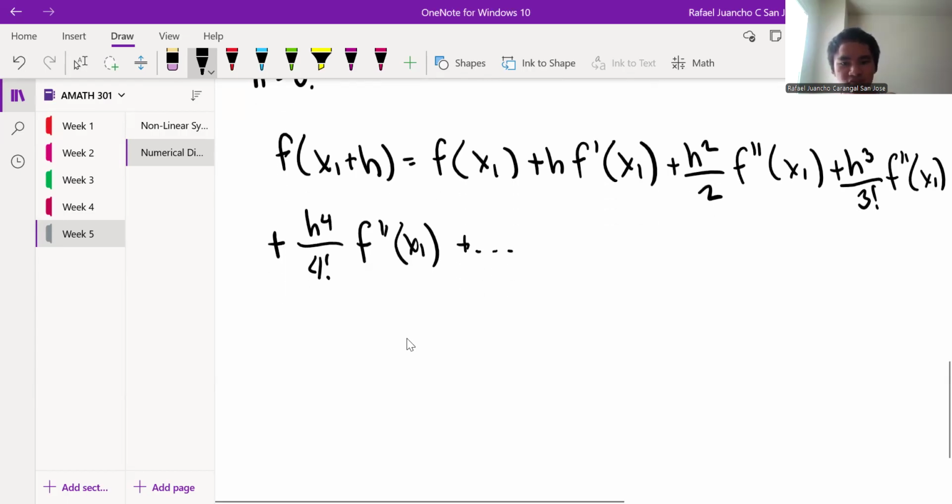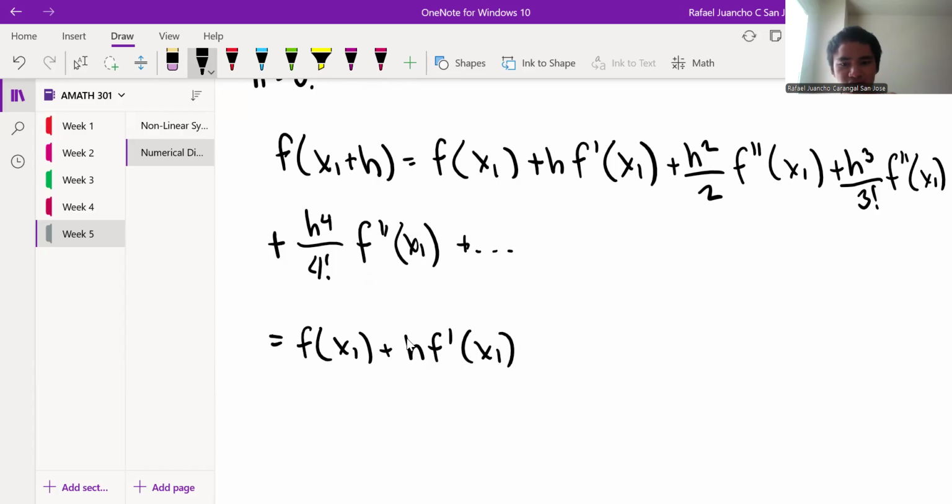And this is just equal to, okay, let me write the full thing. So this is f of x sub 1 plus h f prime of x sub 1 plus h squared over 2 f double prime x sub 1, and then 3, but this time with the factorial.